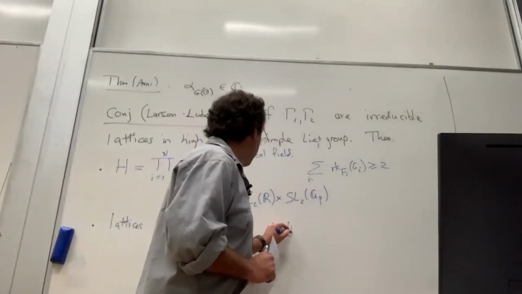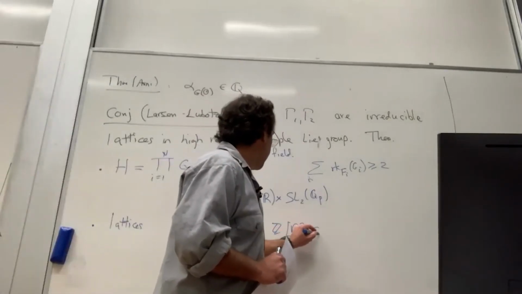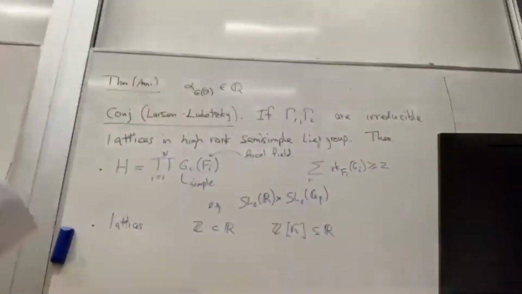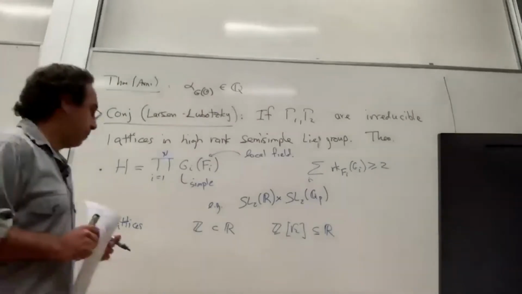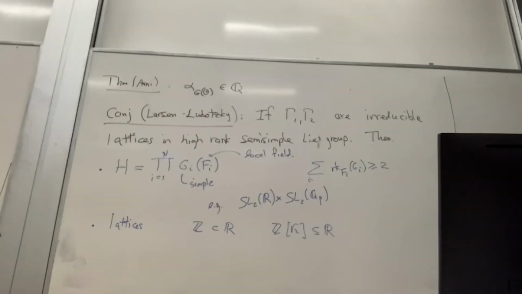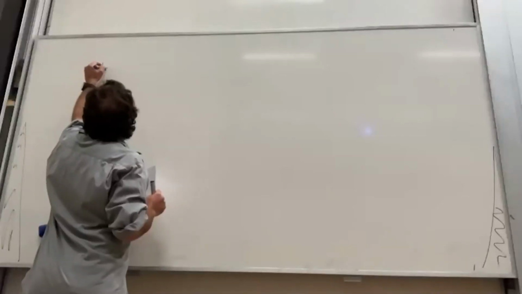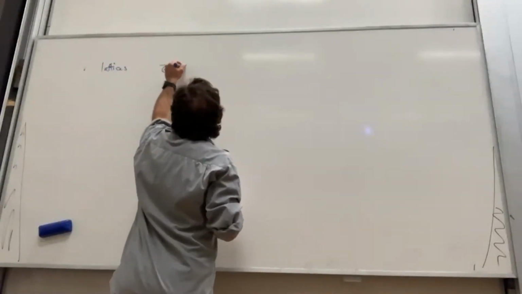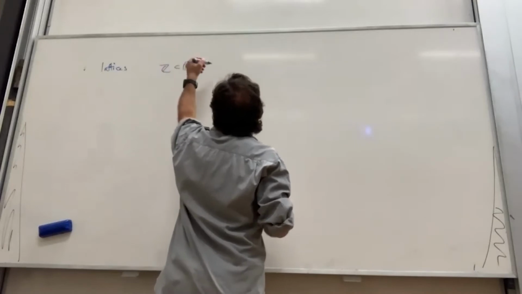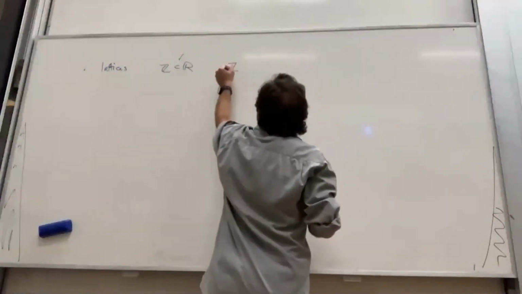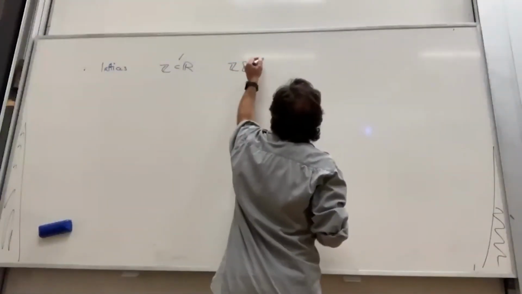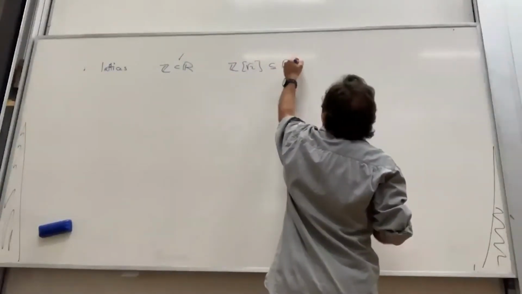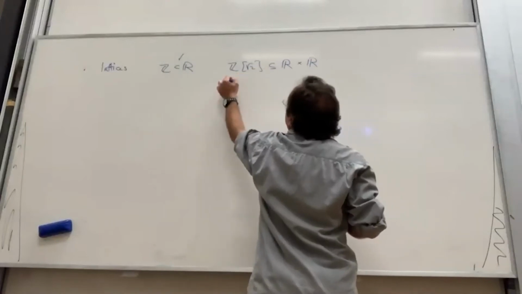Z[square root of 2] in R is not a good example, but you can fix it if you use the Galois embedding.